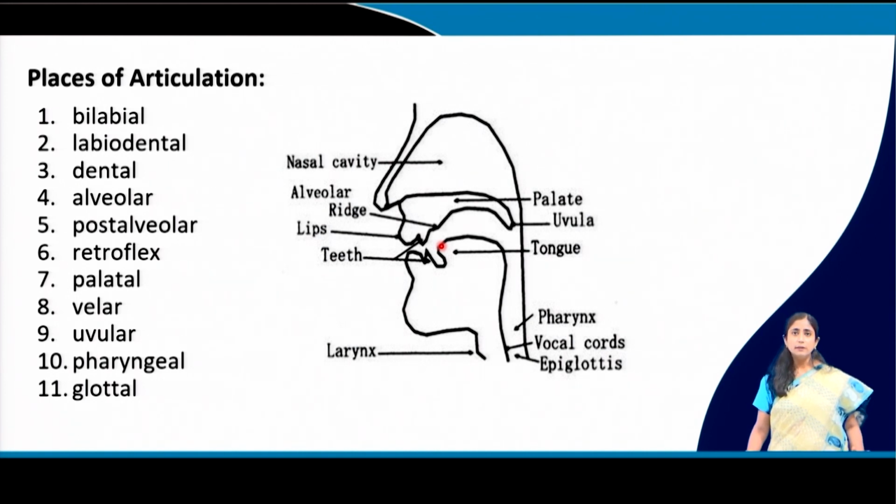Now, slowly the places are going backwards in your mouth. When we talk about alveolar sounds, those are at the upper part of your mouth. In the picture you can see this part is the alveolar ridge. Here the tongue hits the alveolar ridge to block the air before it is released, and then we have alveolar sounds.